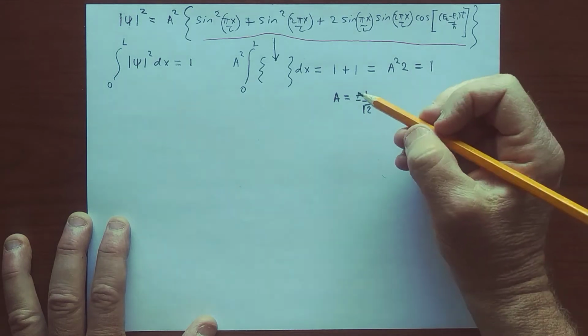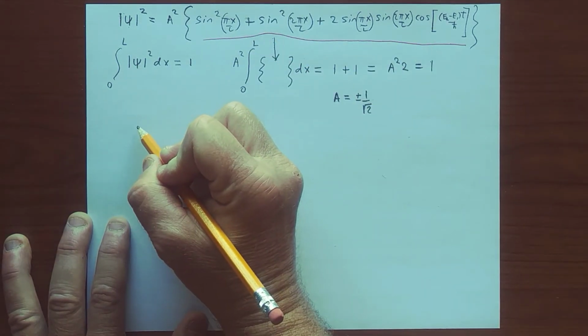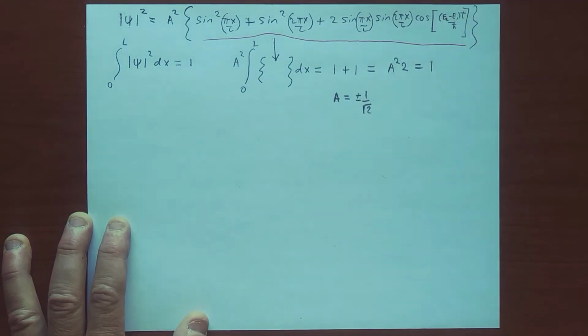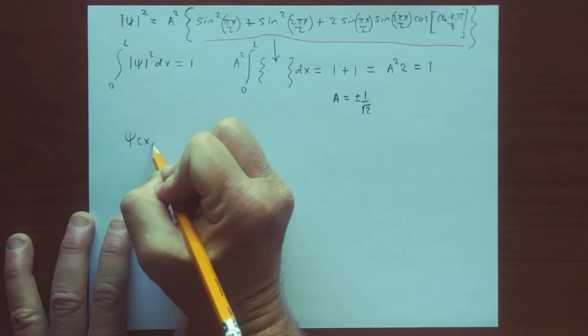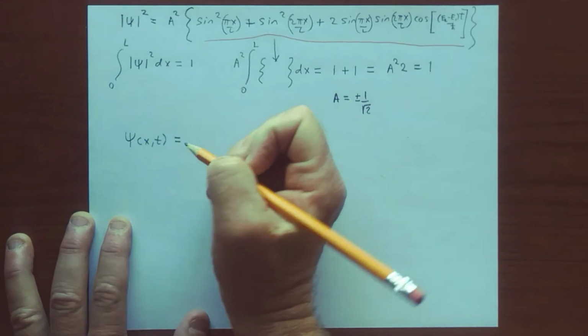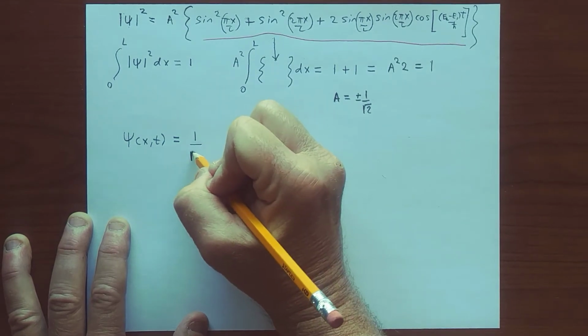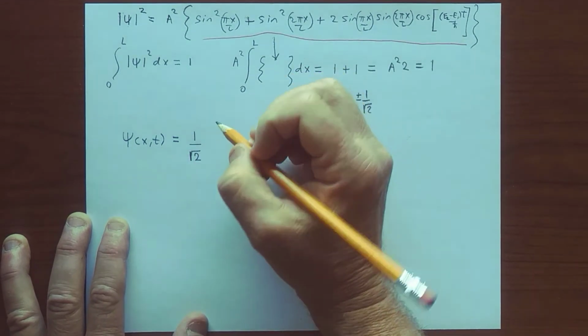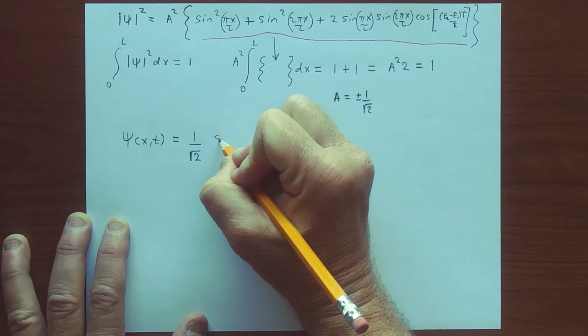But the point is that these functions are equally weighted, so we have a solution that looks like psi of x and t. Let's just choose the positive root, 1 over square root of 2. Let's just write them both out.